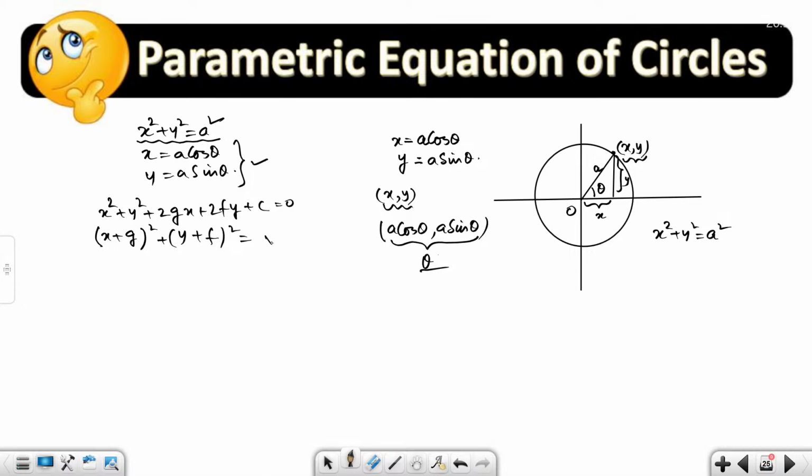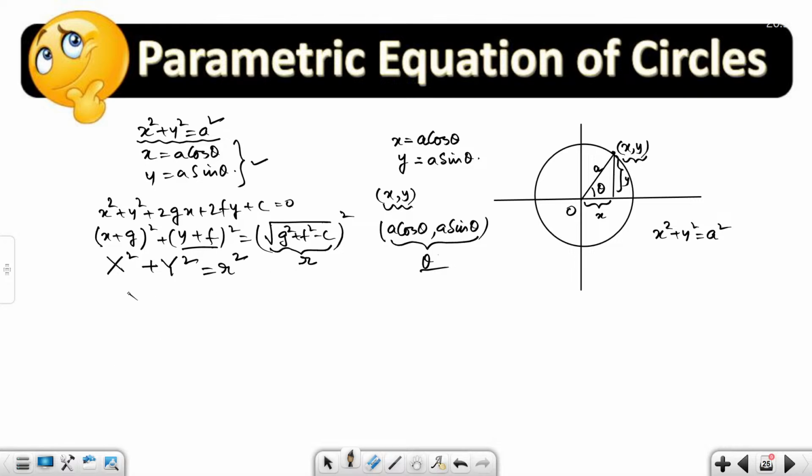The radius is actually root over g square plus f square minus c. So here I will take this variable as my x and this variable as my y, and let us say this thing is the radius r.